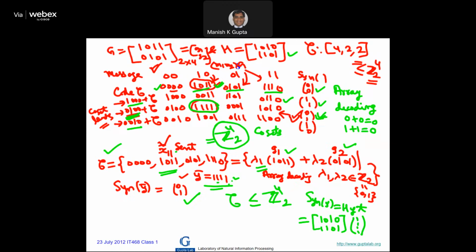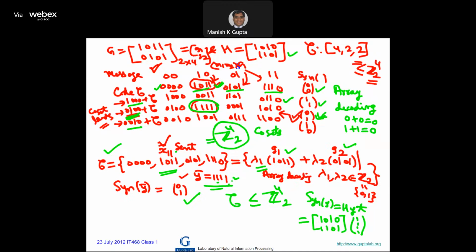Right. So first, once we have this code, what are the parameters? What is length here? 4. N is equal to 4. Dimension 2. There are 2 vectors in the basis. So K is equal to 2 there. And distance is how much? Distance between these 2 vectors is 3.